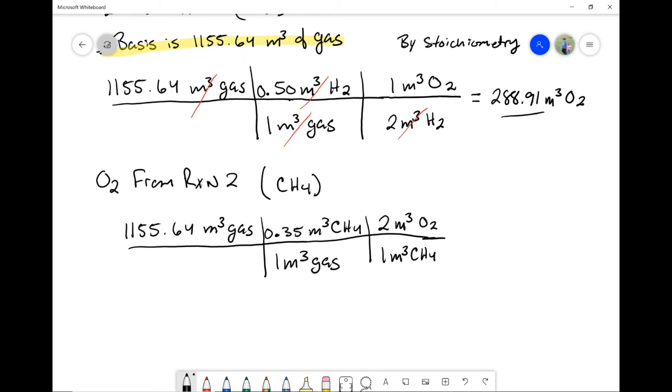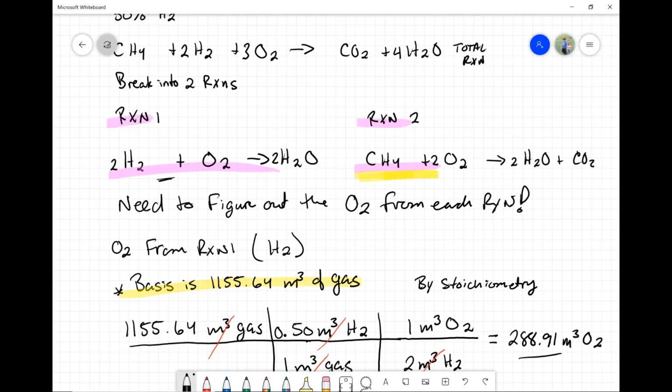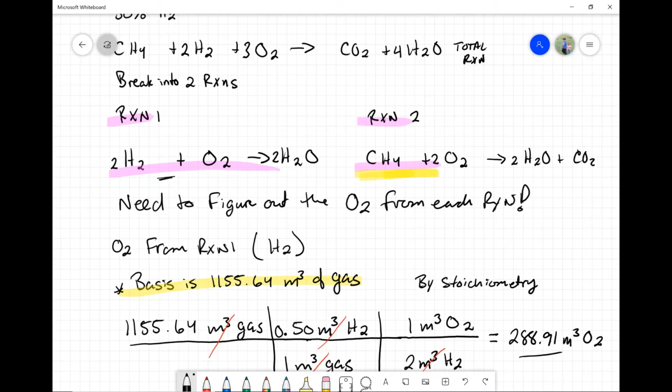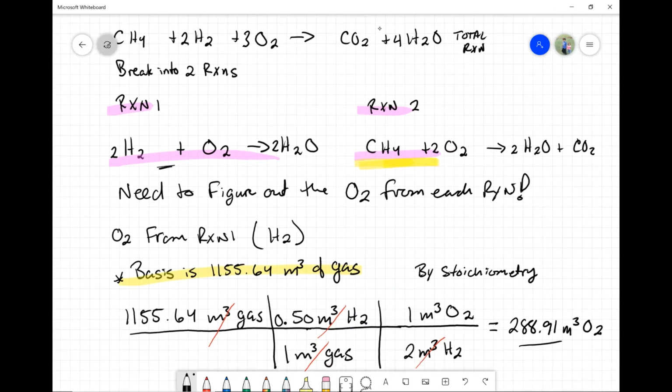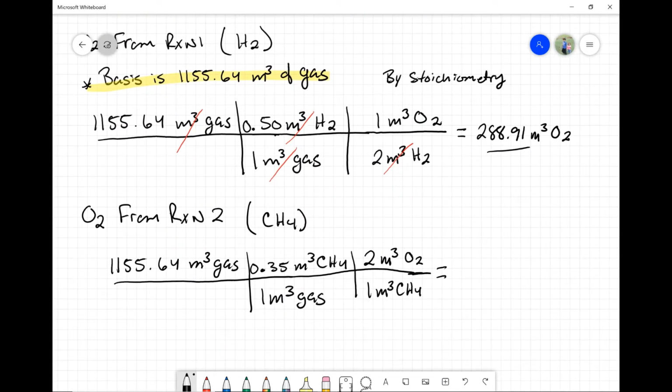So a little bit different than the stoichiometry up above. If you do notice, it works out brilliantly because in our total reaction, it was a 3 to 2 ratio and 3 to 1 ratio. The coefficient for O2 is always 3. And here, this is going to be 1 O2 and this is going to be 2 O2.